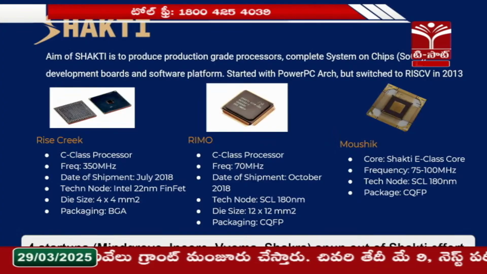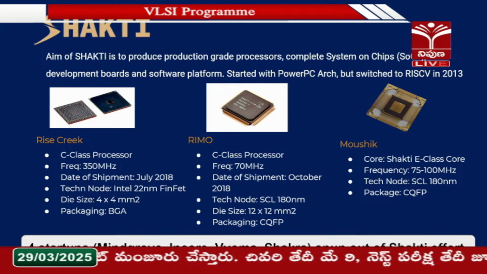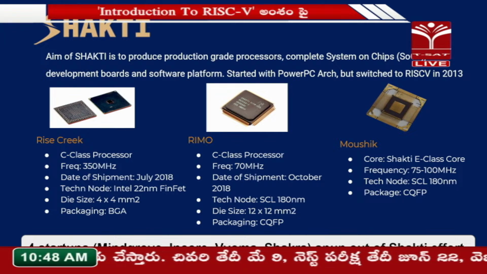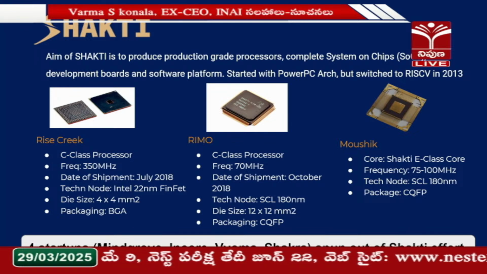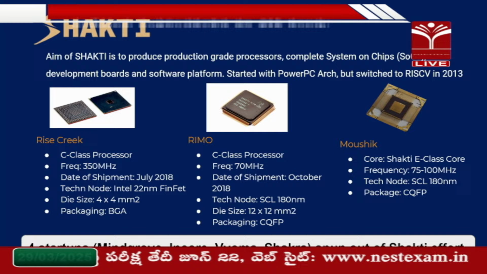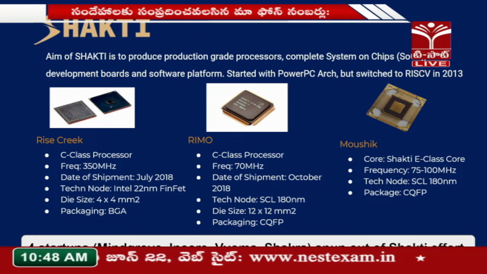And then subsequently they also put the same designs on the 180 nanometer process at SCL in India. That second one is called REMO. So REMO can be called a full made in India effort. It was completely designed in India and manufactured in India.